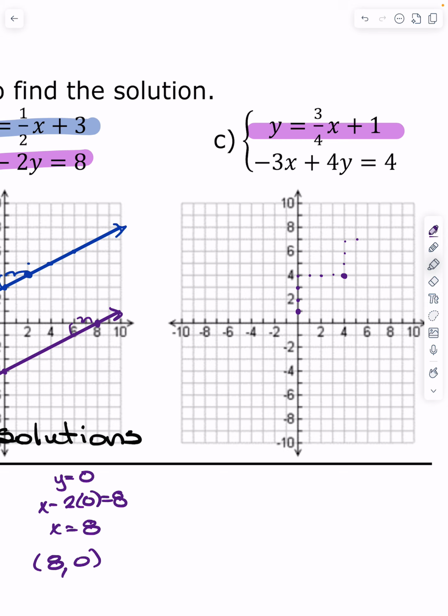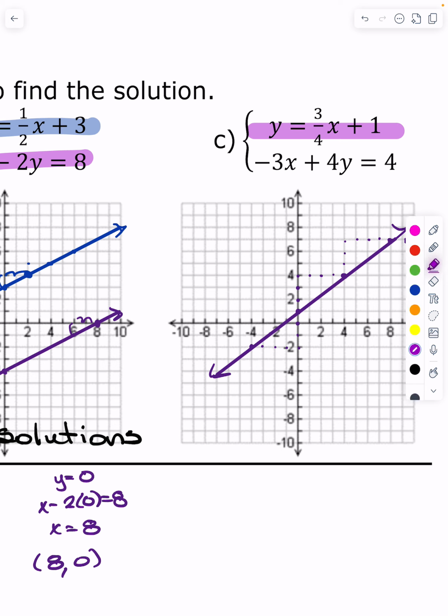Positive 3 is up, positive 4 is to the right. I could also go backwards, go down 3, left 4. It's all good. And I get this line right here.